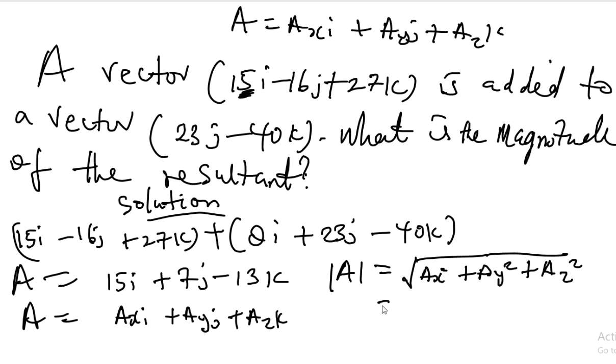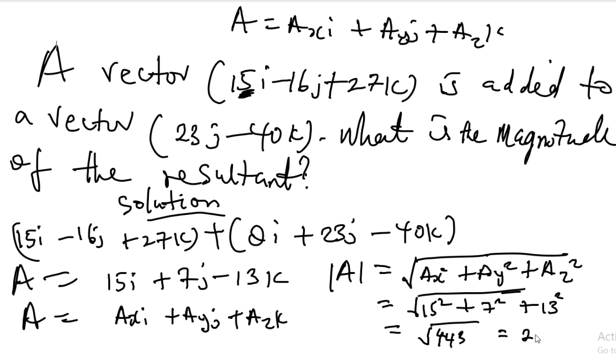So AX is 15 square, AY is 7 square, and AZ is 13 square, which will be positive. Once you do this, you have the square root of 443, which gives us 21.05, so approximately 21. So the magnitude of this vector is 21 units.